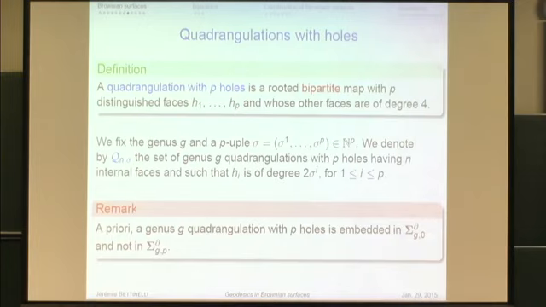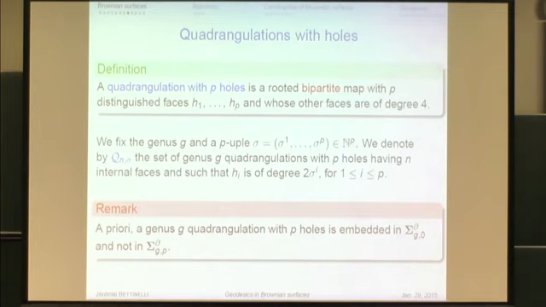So far we have to do that in order for what I'm going to explain to work. Okay. And so see that when the map is bipartite, when you go around a hole, you will see black, white. So actually the holes are necessarily of even degree.